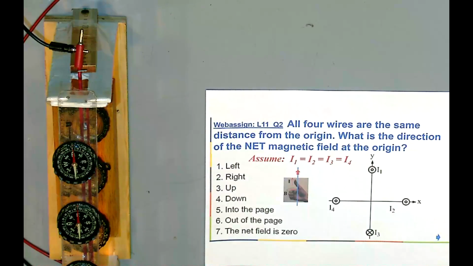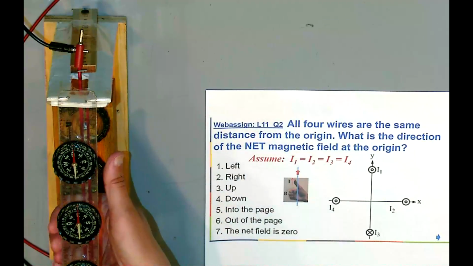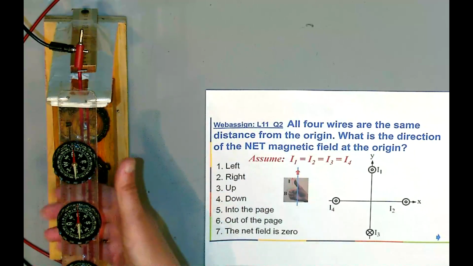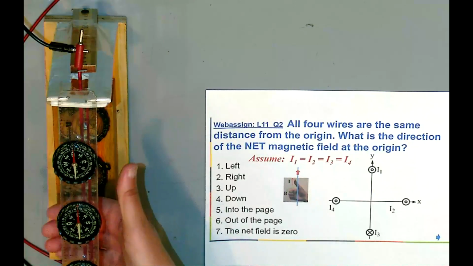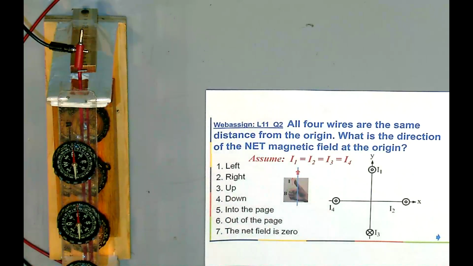So current begins here, travels that way at you. So from your perspective, current points at you, and the magnetic field lines should be circular like this relative to you.